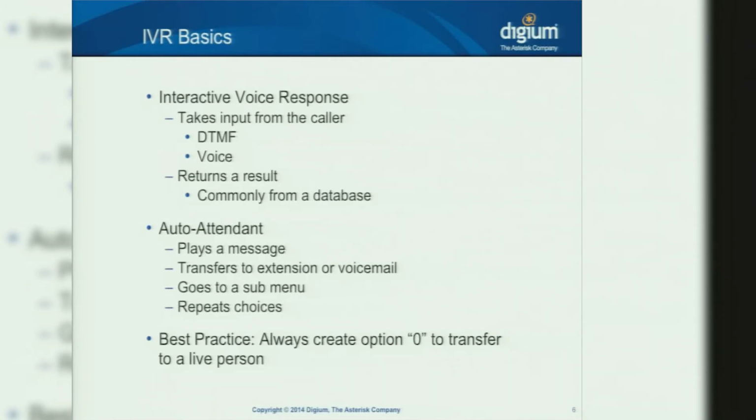It's probably going to be press 1 if you need this, or 2 if you need that. That's what we traditionally call an auto-attendant. If I call my bank and I enter a PIN number and I hear information only I should hear on that call, that would be an IVR. This is the traditional separation between those two words. But you're forgiven for using those words interchangeably in some circles.